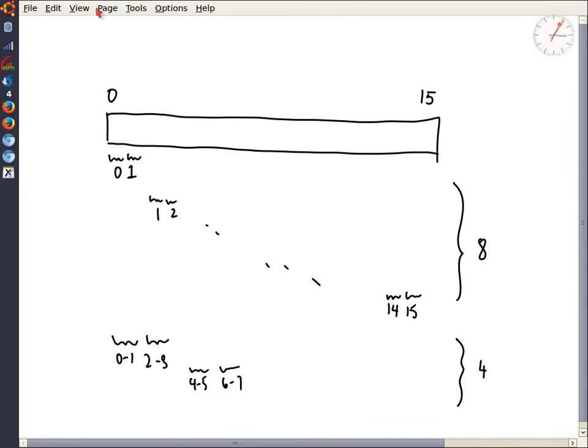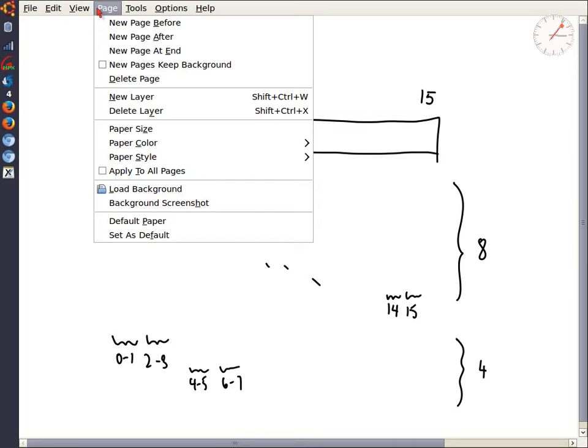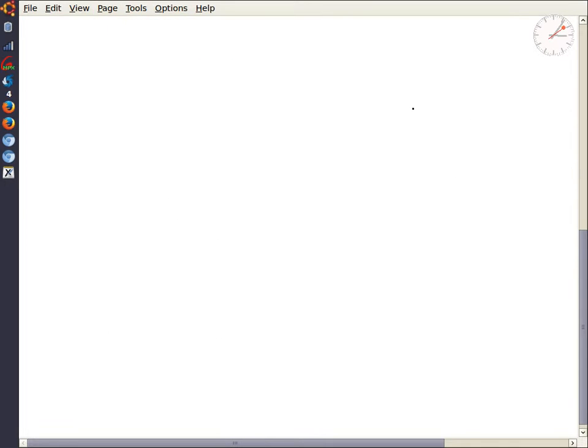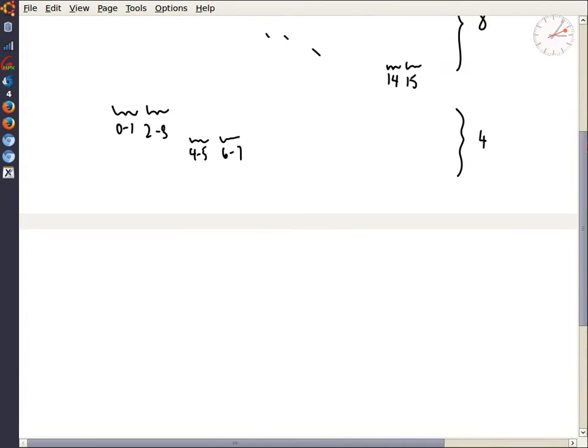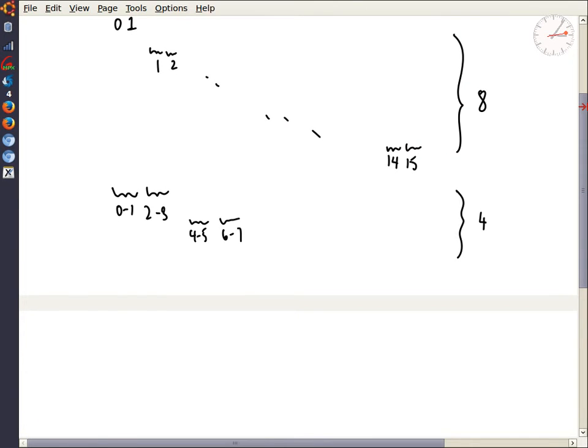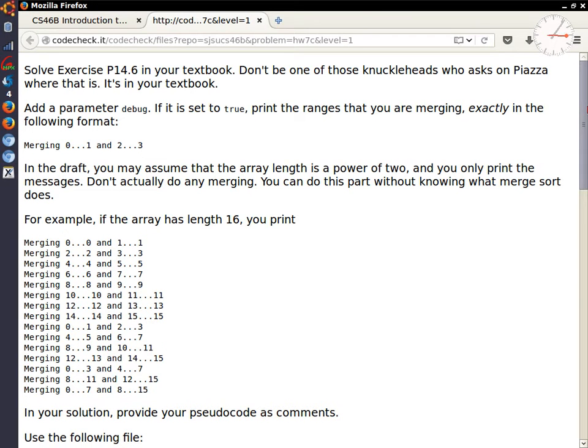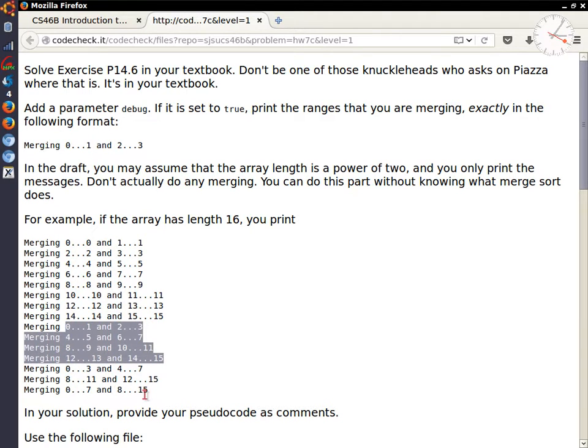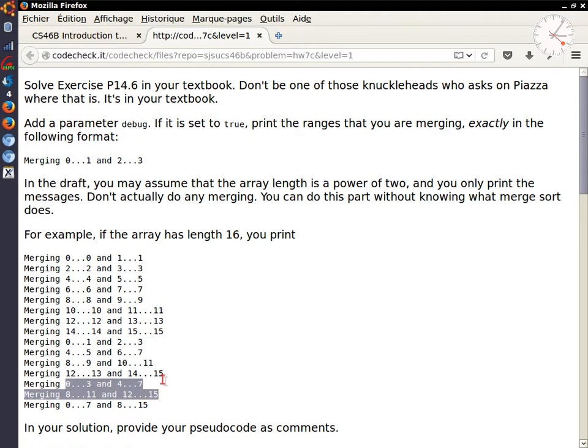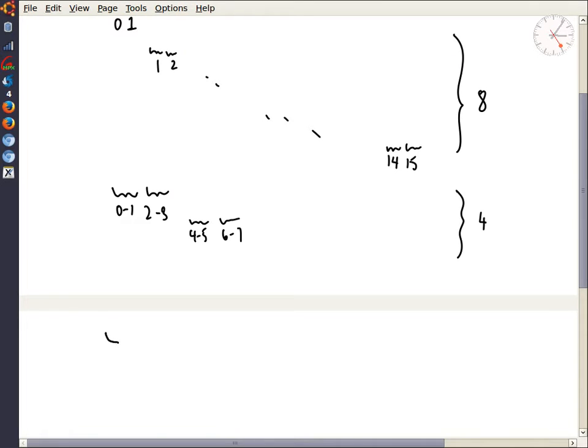Then we need more room on this page. Can I make it longer? No. Then we're merging, so now we're here, right? So that was 4 merges here. Then we're having 2 merges here. We are merging this thing from 0 to 7.